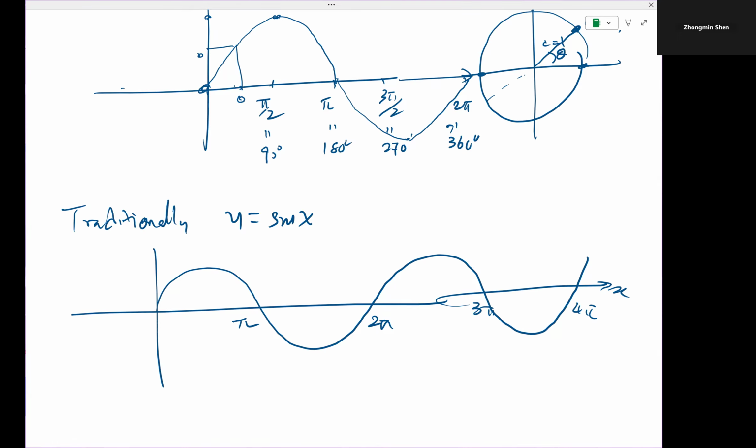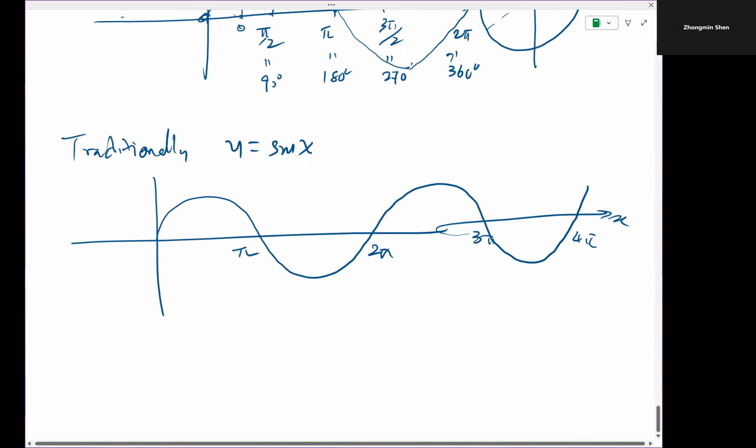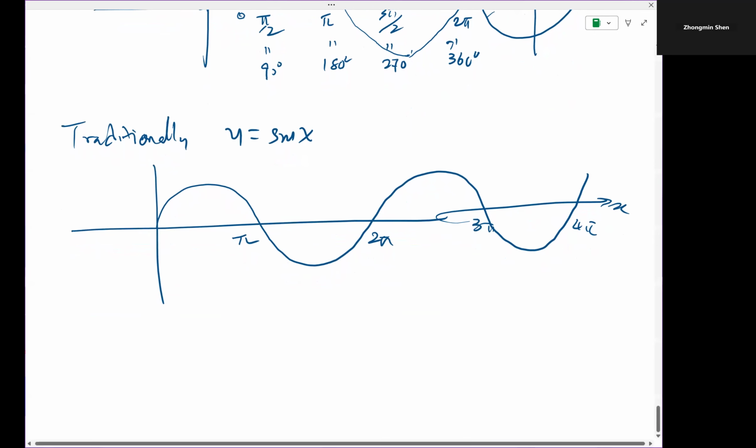All right, in 30 minutes we covered most of them. Then there are lots of identities. I don't have an example here, so you have to verify, just like what we did.